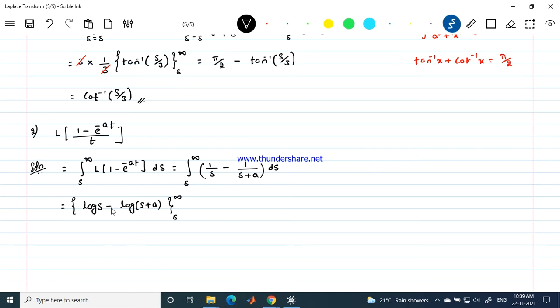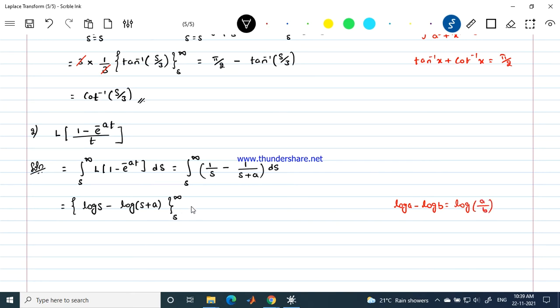Here we can't substitute the upper limit as we are getting log infinity. So we are supposed to use the logarithmic property for this, that is log a minus log b is always equal to log of a by b.